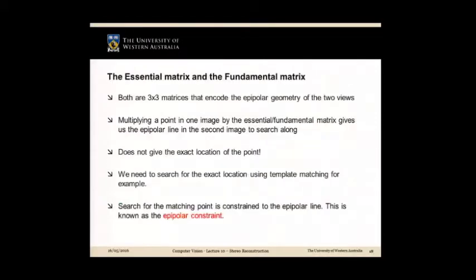Now, the essential matrix and the fundamental matrix, they both are 3 times 3 matrices that encode the epipolar geometry of the two views, right? Multiplying a point in one image by the essential or fundamental matrix gives us the epipolar line in the second image to search along.